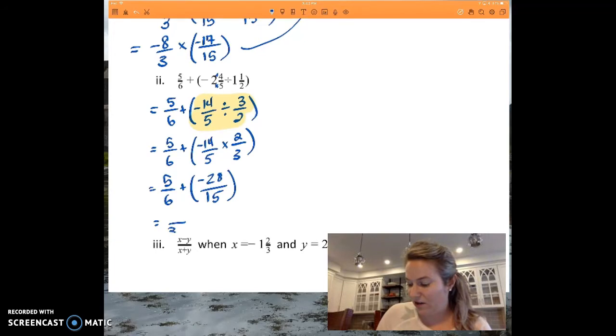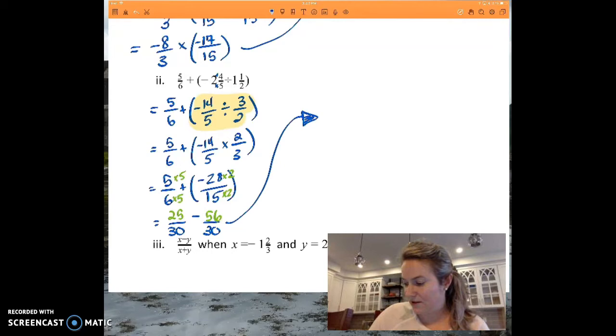So I'm going to have 30, plus a negative is going to just be a subtraction over 30. And what did I do to the 6? 6 times 5. 5 times 5 gives me 25 on top. 15 times 2 gives me 30. So -28 times 2, or in this case 28 times 2, is going to give me 56.